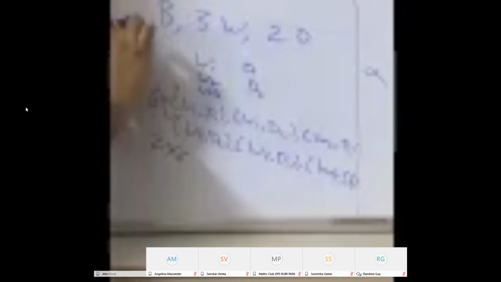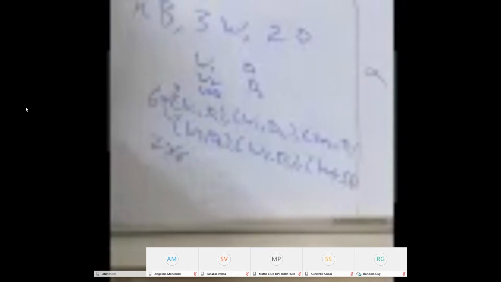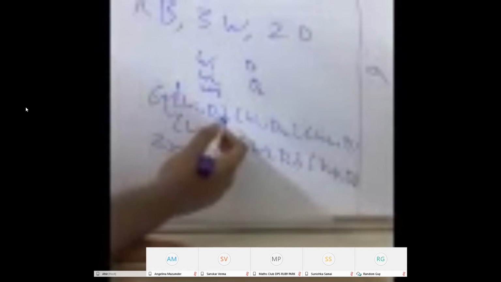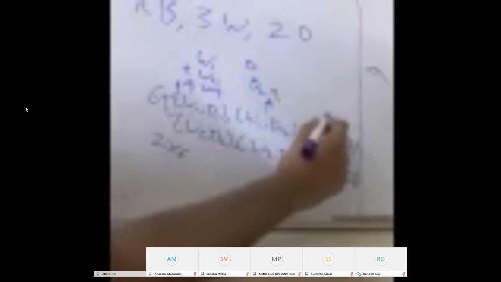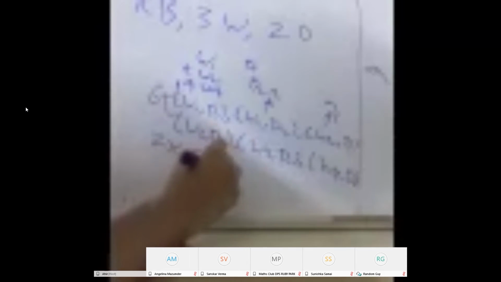So if instead of 2 now, we had n burgers, n being a natural number, then we could have B1 W1 D1 up to Bn W1 D1. So we could have n combinations from here, n combinations from here, n from here, n from here, here and here.